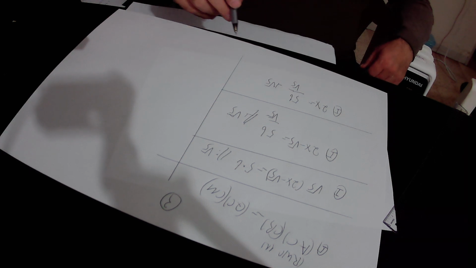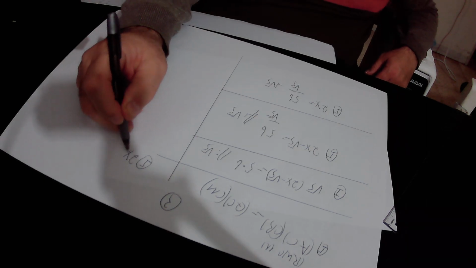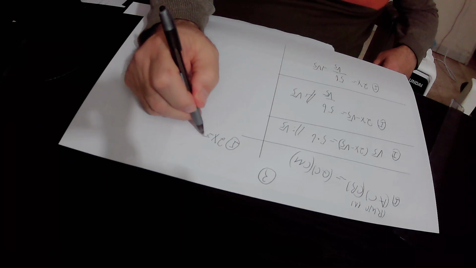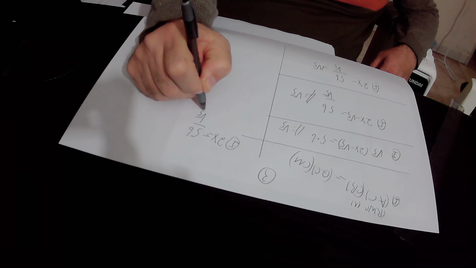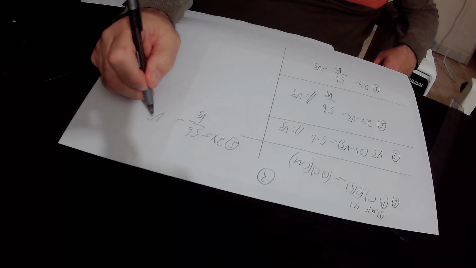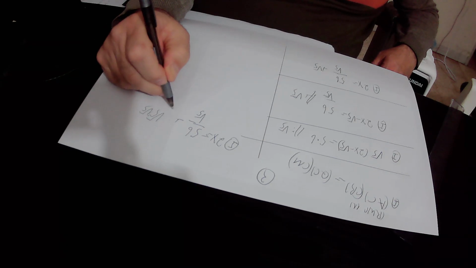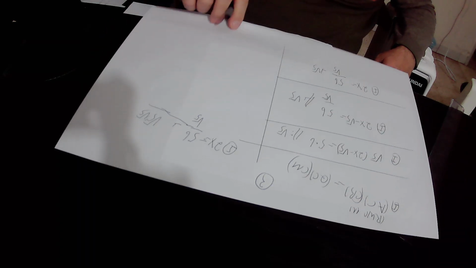And we get that according to equation number 1, 2x equals 5b over square root of 5 plus, we'll multiply square root of 5 by square root of 5 and then we'll divide it by square root of 5. So we change nothing.